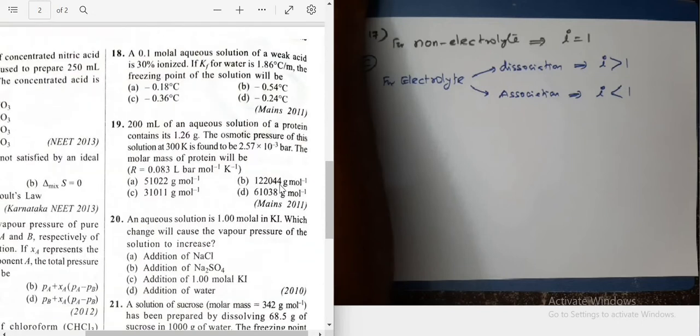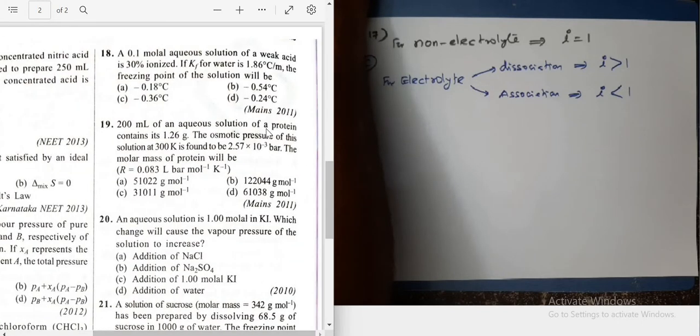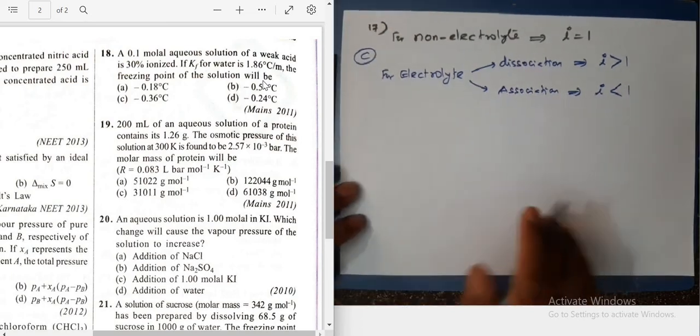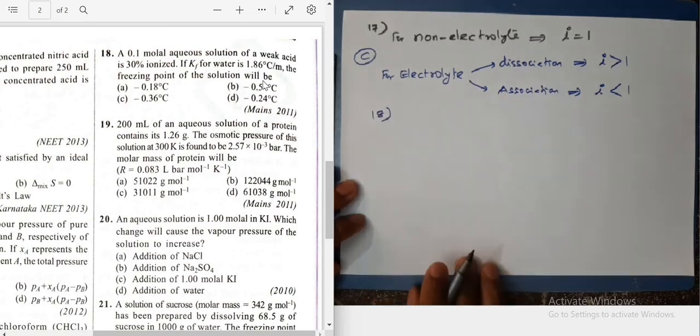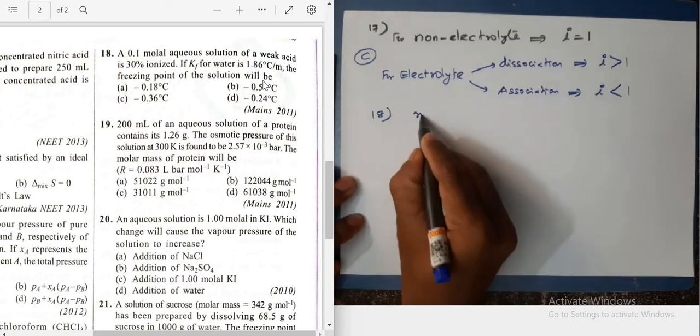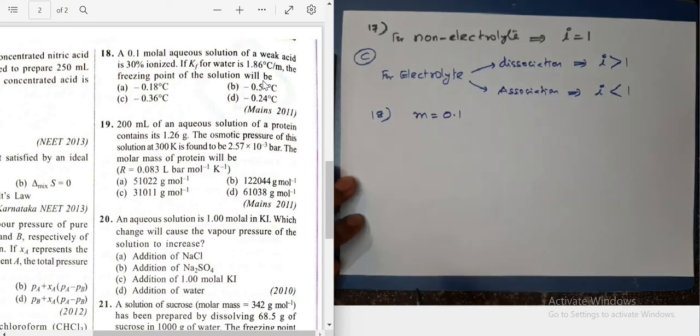Question number 18. Just go through the question, students. A 0.1 molal aqueous solution of a weak acid is 30% ionized. If Kf for water is 1.86 degrees Celsius per molality, the freezing point of the solution will be? Molality is 0.1, and it is 30% ionized, a weak acid.